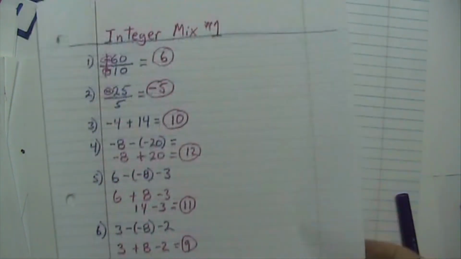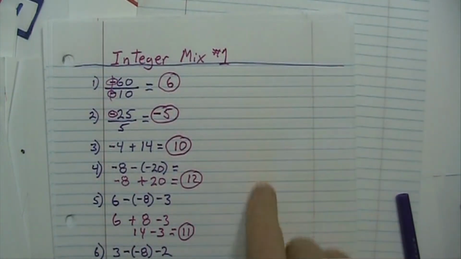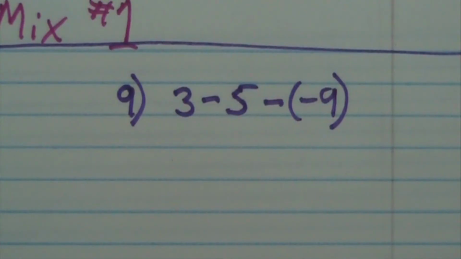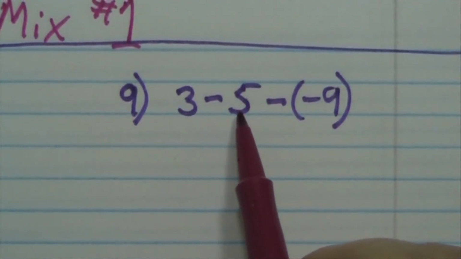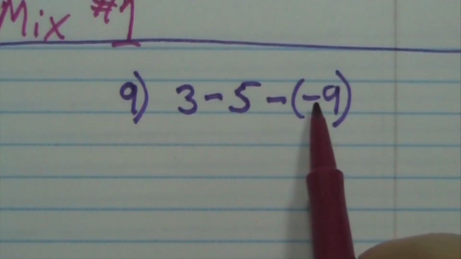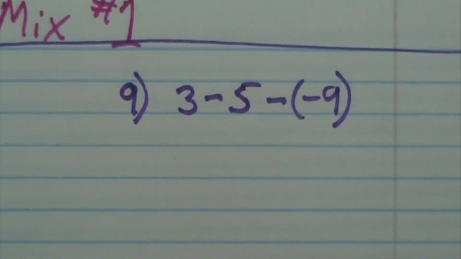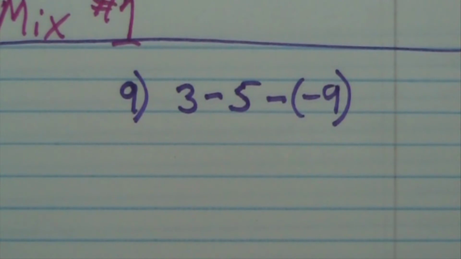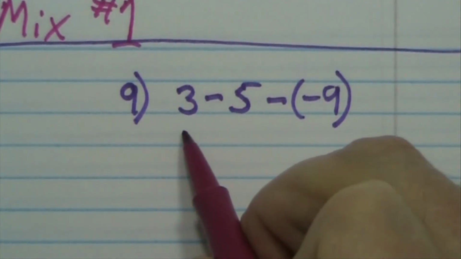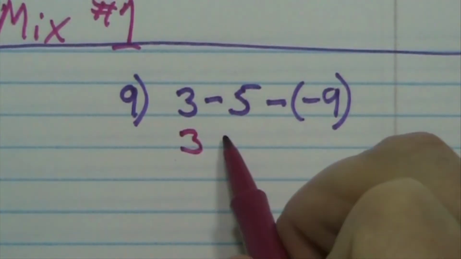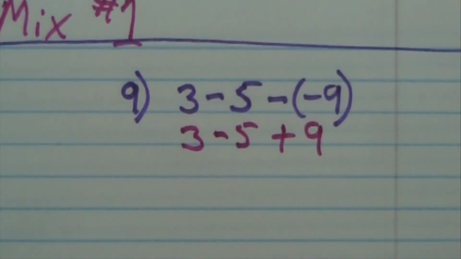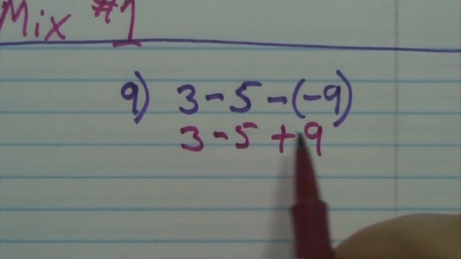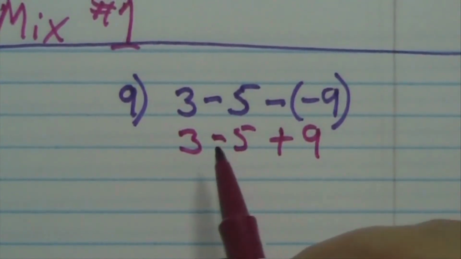So I'm running out of room on the bottom, so I'm just going to back up to the top, to the side. Number 9, 3 minus 5 minus -9. So really, now you could do this shorter, but I have 3 minus 5, this is a big plus, +9. Now if you want, we'll just do 2 at a time, or we could add up the positives and subtract the negatives. It's up to you.